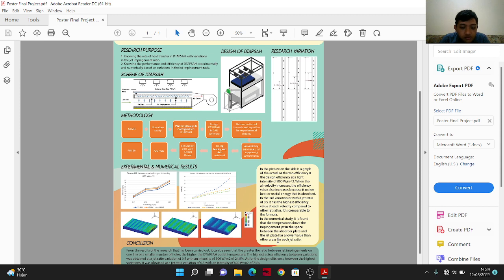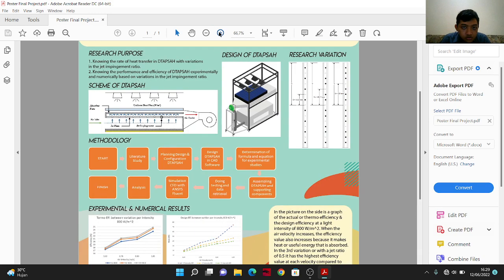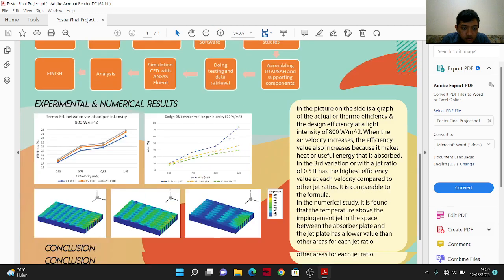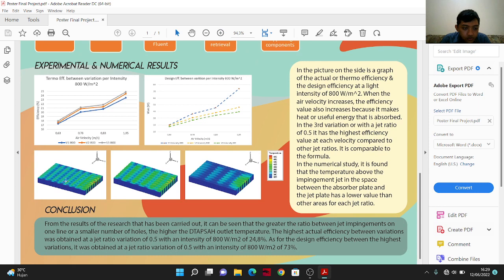For each jet ratio, if the color of the contour is blue, it indicates that there is high velocity in the area.